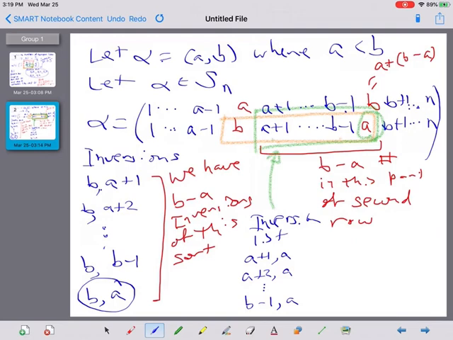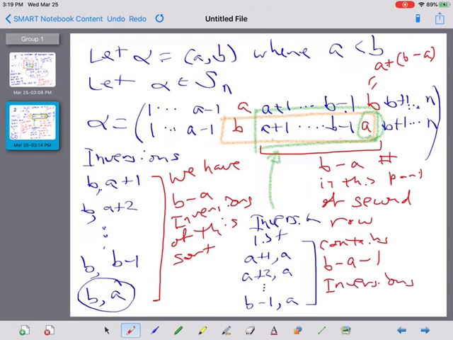How many things are there in this particular list? This list contains exactly one less than the inversions over here, so it's going to contain B minus A minus 1 inversions.